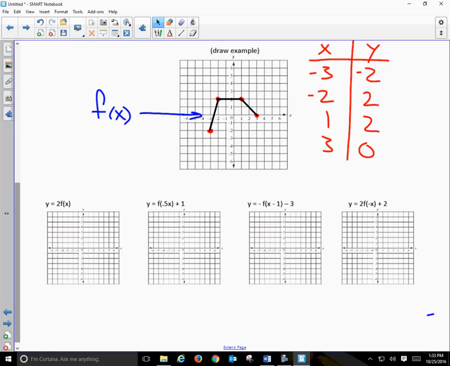Vertical stretch or horizontal stretch? So will that affect the x values or the y values? It will affect the y values. So I'm going to make a new chart, x, y. I won't do anything to the x values. I have -3, -2, 1, and 3. But the y values, I will multiply all by a factor of 2.